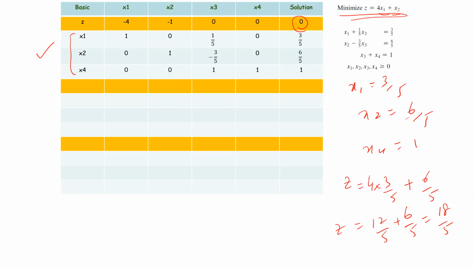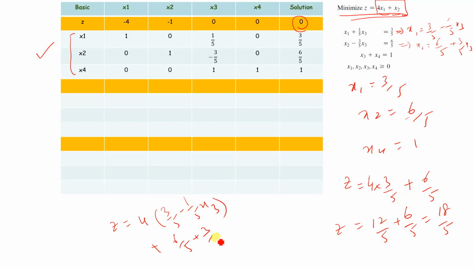So we have to eliminate these variables from the objective function, and for this, this equation gives us the value of x1, which is equal to 3 by 5 minus 1 by 5 x3, and this gives us the value of x2, which is equal to 6 over 5 plus 3 over 5 x3. So just substitute these values into this z. Z is equal to 4 times x1, which is 3 by 5 minus 1 over 5 x3, plus x2, which is 6 over 5 plus 3 by 5 x3.